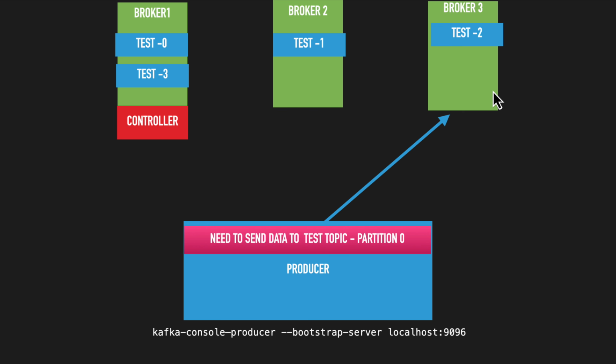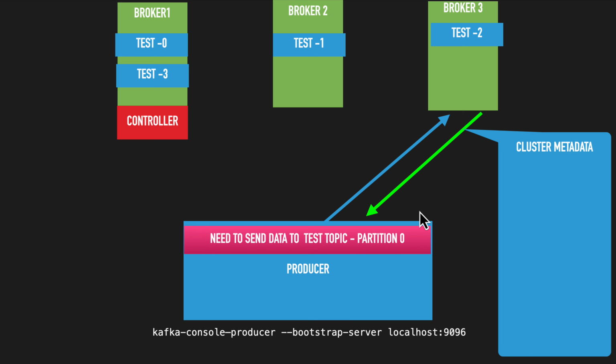Remember that all these 3 brokers are part of one cluster. Once we connect to one of the brokers from the cluster, the broker will reply with the cluster metadata information, whatever brokers are available inside that cluster and the details among them. So this reply from the broker to the producer will contain the cluster metadata.